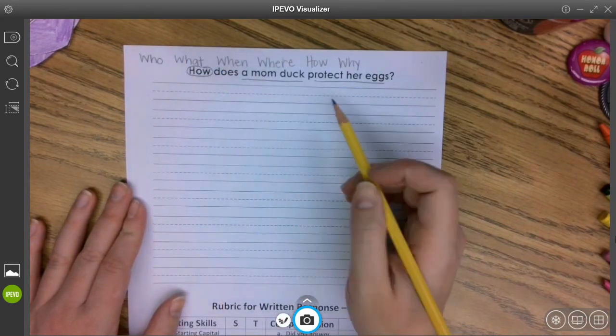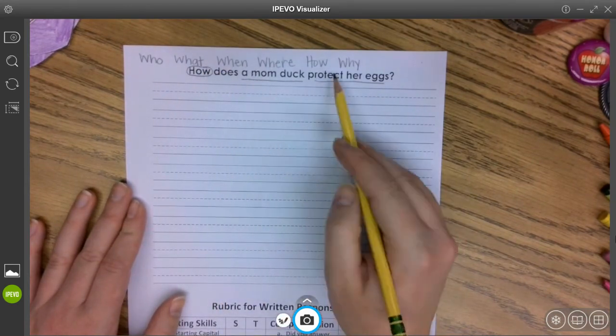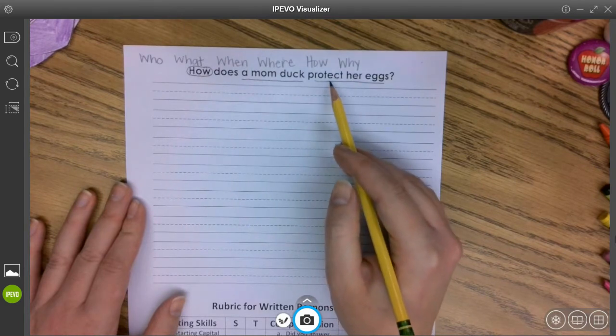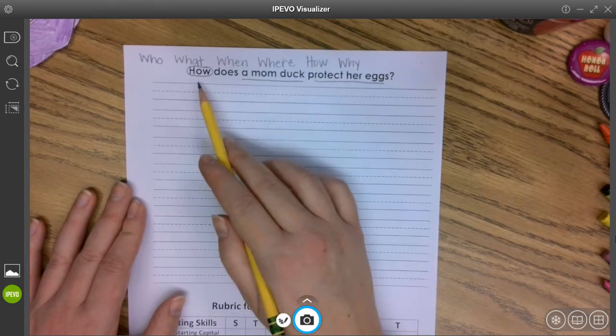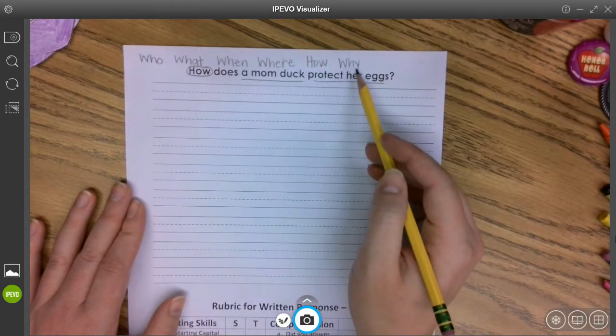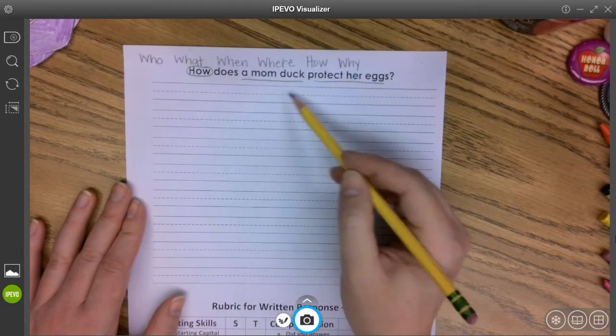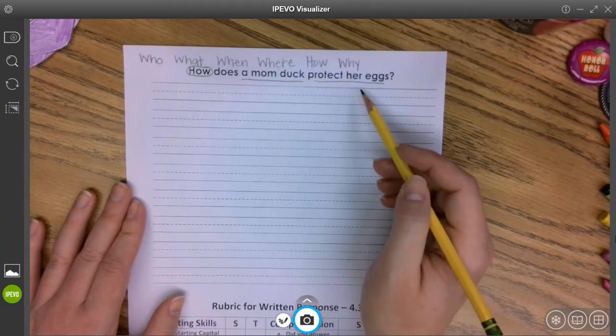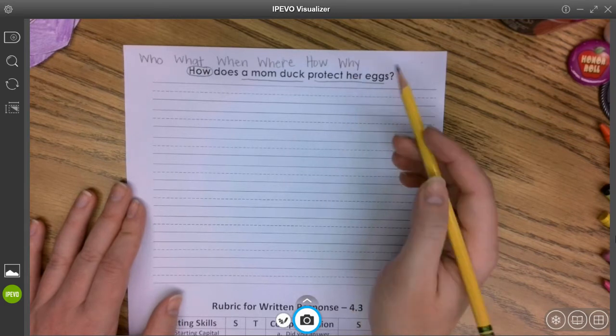How is she doing this? So we know the who, we know the what, but we're going to give more detail to the what to say how she does this. And then why? Again, it's not a leading question and it's not something that we already have the answer for in the question. So we probably don't need it.